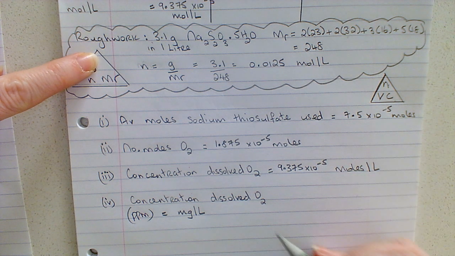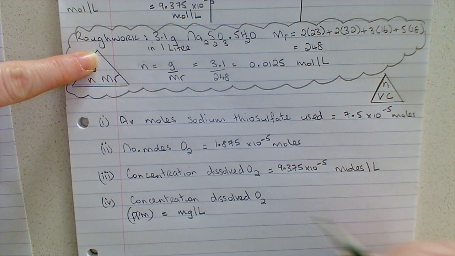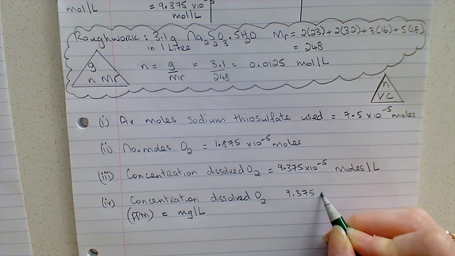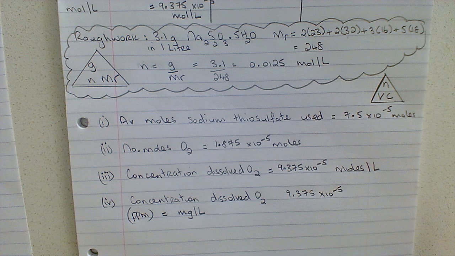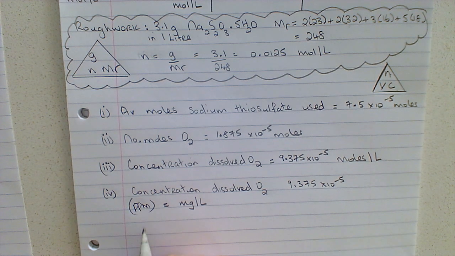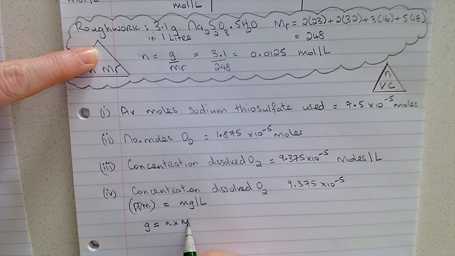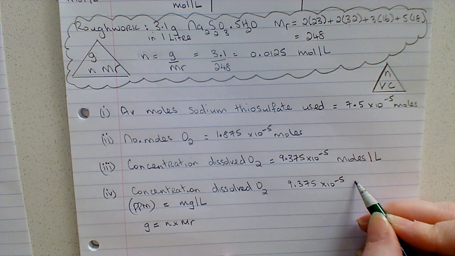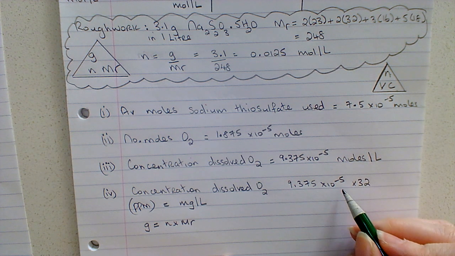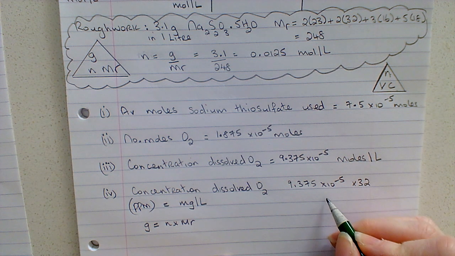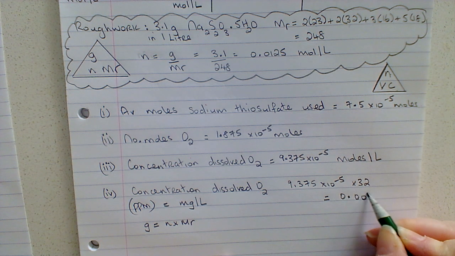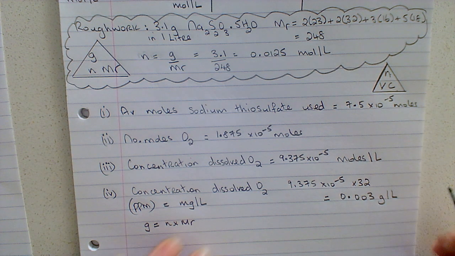With oxygen, the number of moles I have is 9.375 by 10 to the minus 5. To find the number of grams, I'm multiplying number of moles by relative molecular mass. For oxygen, O2, we have 2 times 16, which is 32. When I multiply 9.375 by 10 to the minus 5 by 32, I end up with 0.003 grams per litre.